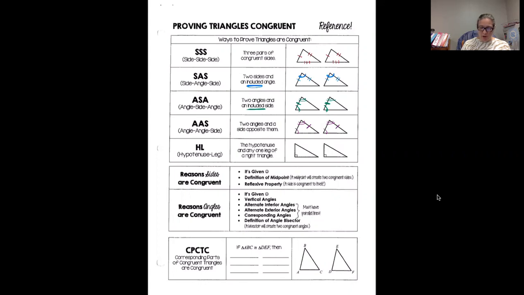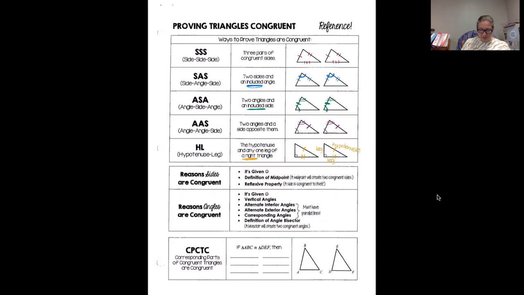Hypotenuse leg can only be proven if you have a right triangle, and it means the hypotenuse is congruent to the hypotenuse, and then either of the 2 legs is congruent to another leg. So this is a leg, this is a leg, and this is the hypotenuse. The hypotenuse is always opposite the right angle.